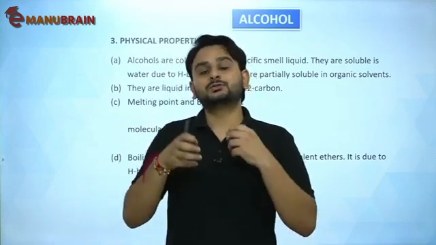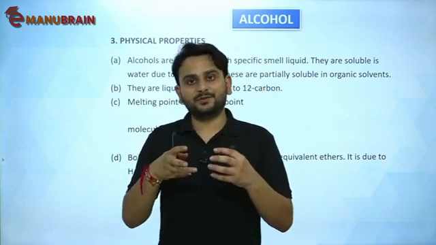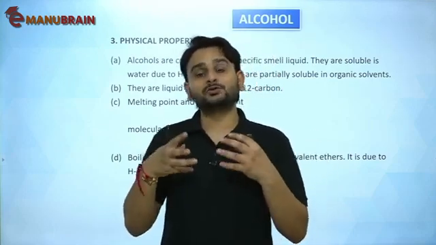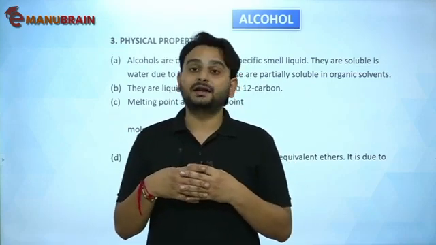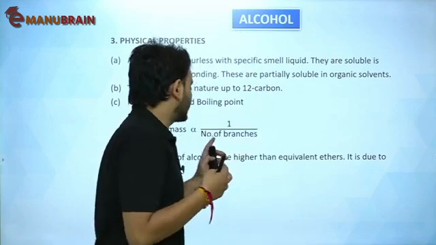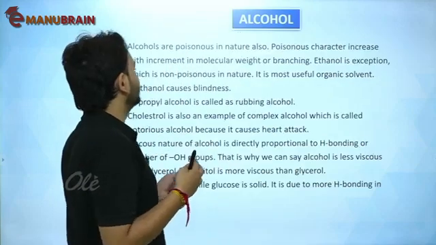Between two same type of molecules, or two alcohol groups, or between an alcohol group and water, there will be strong hydrogen bonding that will exist, which will make the boiling point higher than that of its closest compounds, which are ethers, guys, right?